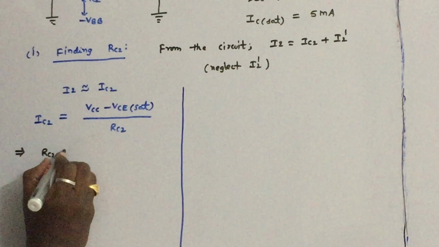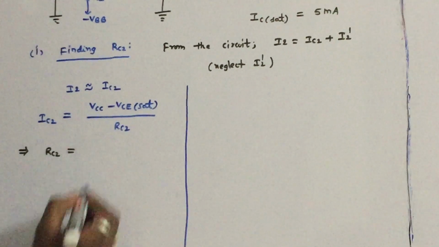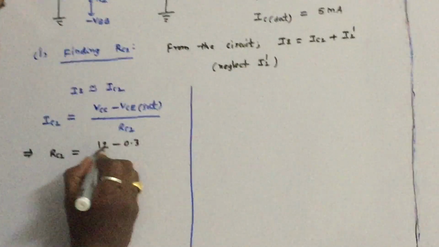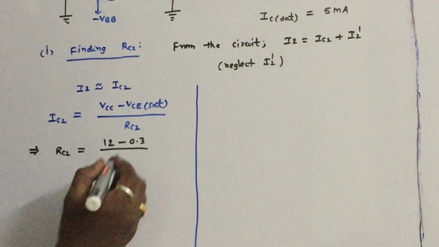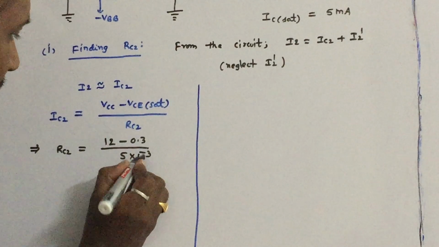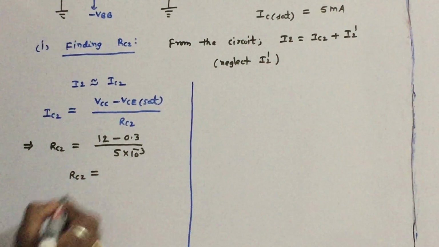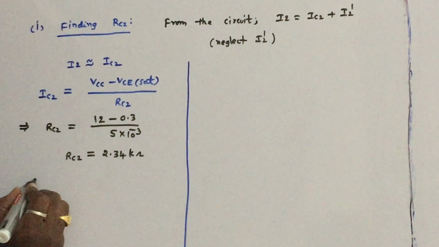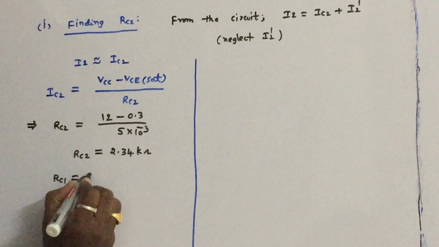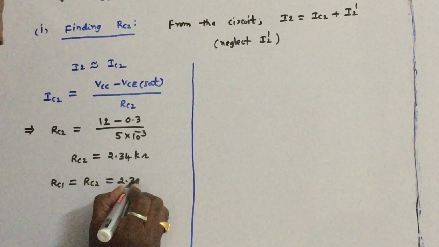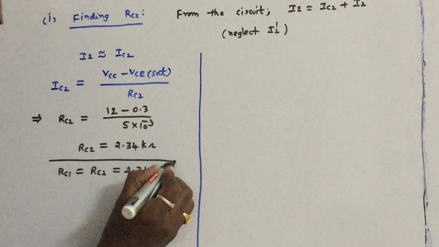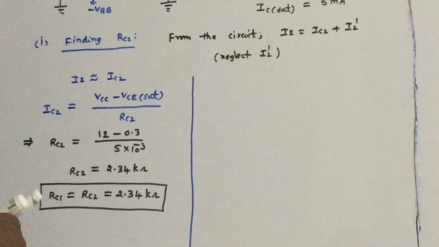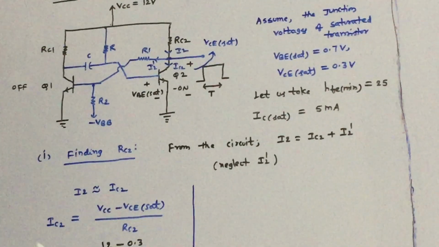RC2 is equal to VCC, just the power supply we have assumed as 12 volts, minus VCE saturation 0.3 by IC2. What is IC2? We have assumed 5 milliamperes. So RC2 will come as 2.34 kilo ohms. Let us therefore take RC1 equal to RC2 equal to 2.34 kilo ohms. So this is the first one. We have calculated RC1 and RC2. So what is the second step? Finding R. What is the second step in this problem?